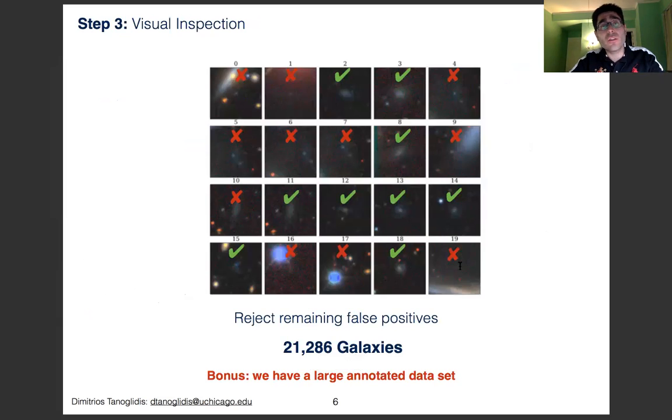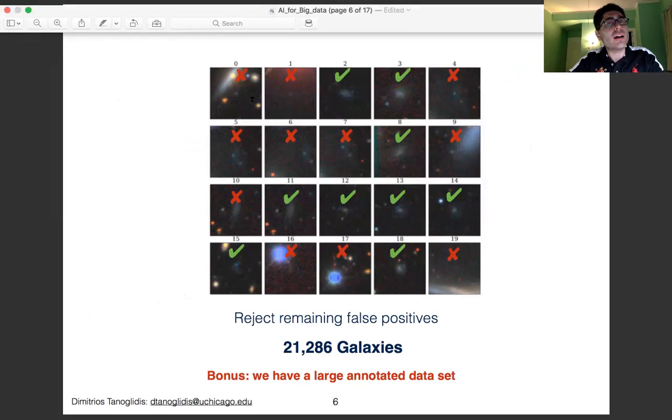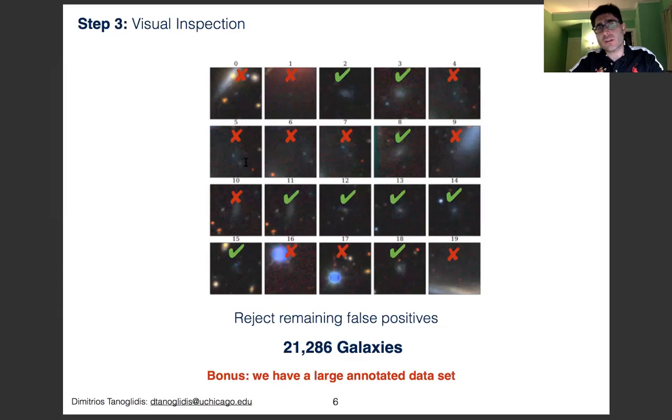So we checked all those that passed the classifier, and we found, as you see here, those that are real galaxies and the remaining astronomical artifacts, imaging artifacts. So by doing that, of course, we had the catalog for analysis and study of low surface brightness galaxies.